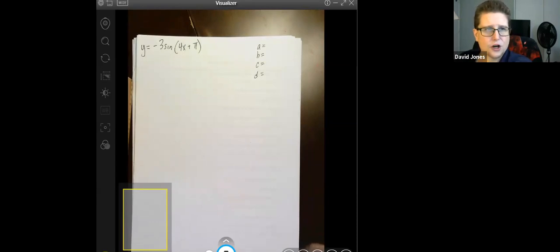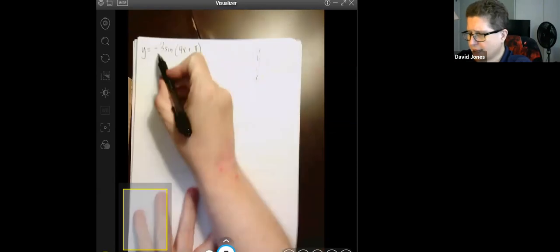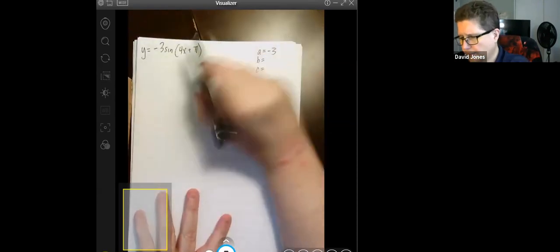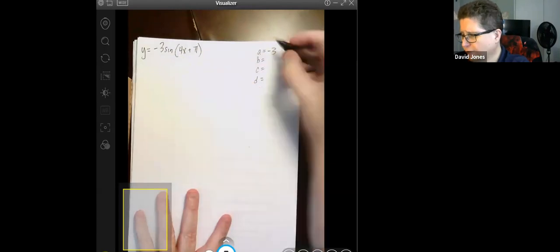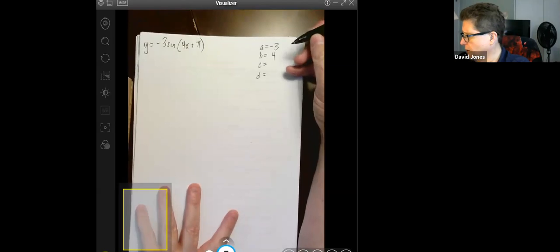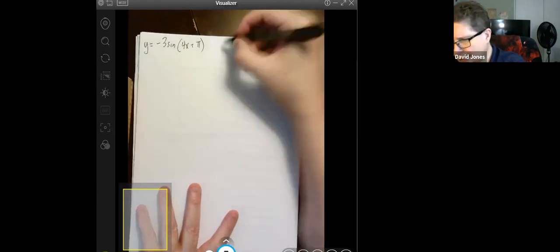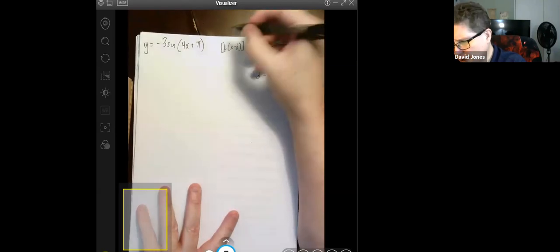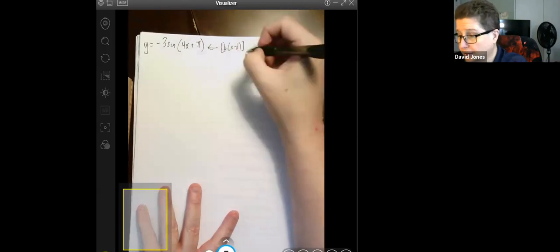Okay, so what is A, B, C, and D? A is the thing on the outside, that's negative 3. B is the value in front of x, which is 4. Right now, I don't have this written as B times x minus D in there. So I need to do that.